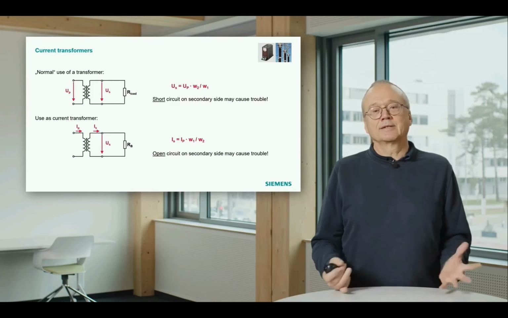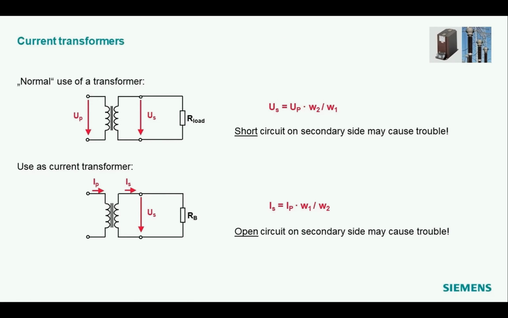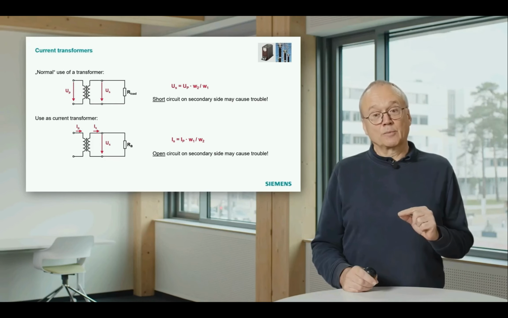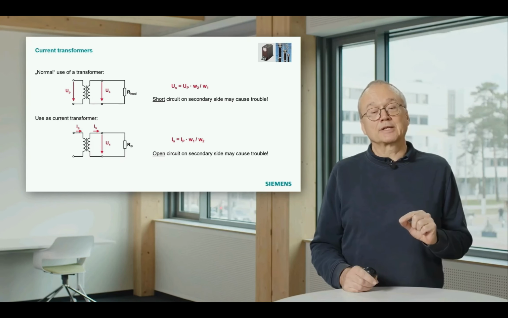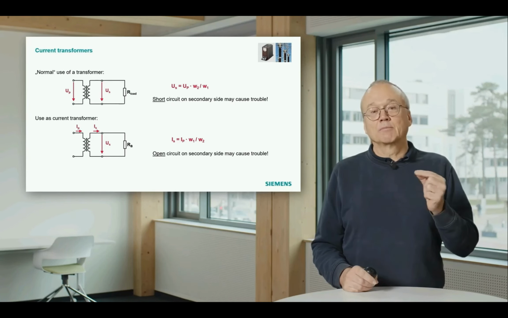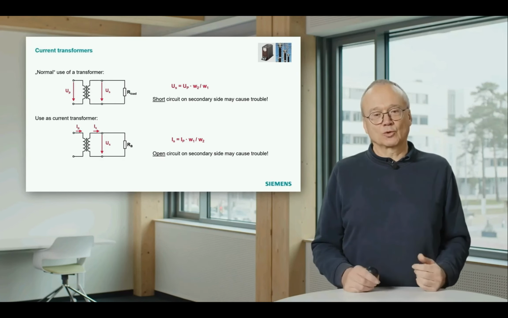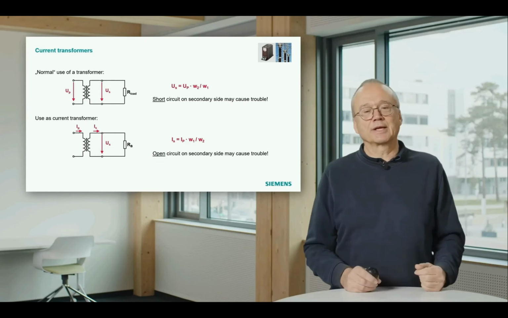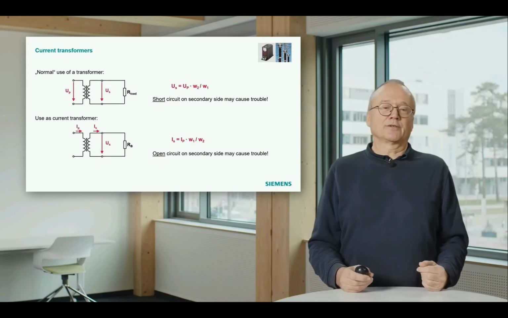Practically it doesn't work, but you get problems because you get high voltages there on the terminal. And that is the reason why a current transformer should not be operated with open terminals. A voltage transformer must not be operated with a short circuit. So you see, everything is opposite with a current transformer.